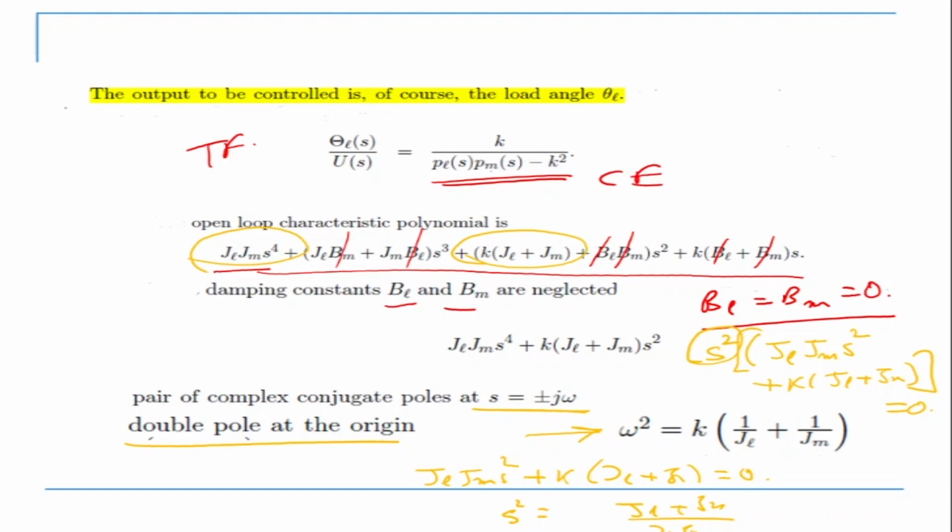Because it is minus, when it goes on the right hand side it will become minus, so s squared will become negative. So you have two poles at 0, and the other roots are complex conjugate poles. So this is a stable system, because all the roots are on the j omega axis.